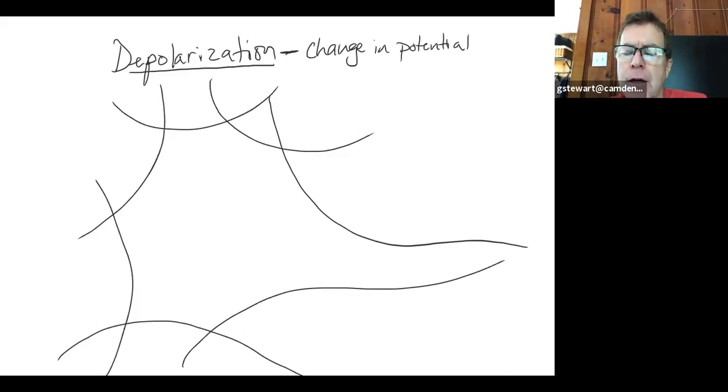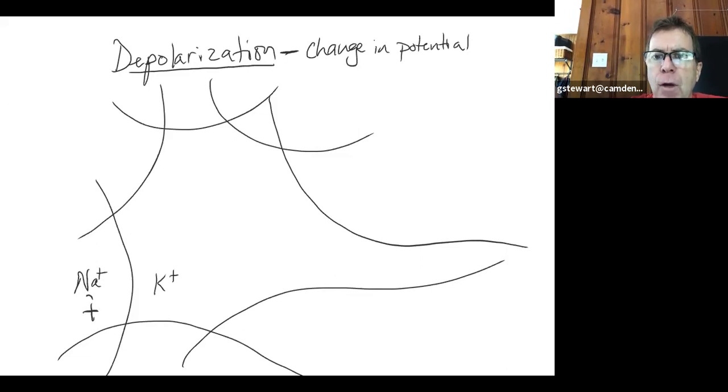In reality, here's what's going on. So if at rest, because we have tons of sodium out here, tons of potassium in here, and therefore a comparison, what we say the net charge is positive out, negative in. That's all the way around this cell. I'm just not going to draw it all the way around.